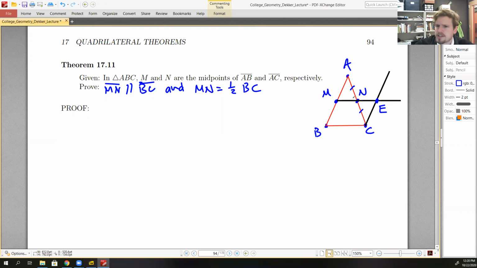We could also notice that we have a pair of vertical angles here. So that gives us congruent angles. And then we have this line here. The line through M and N is a transversal of the parallel lines AB and let's call it L. So that tells us that this angle and this angle, angle 1 and angle 2, are congruent to one another.